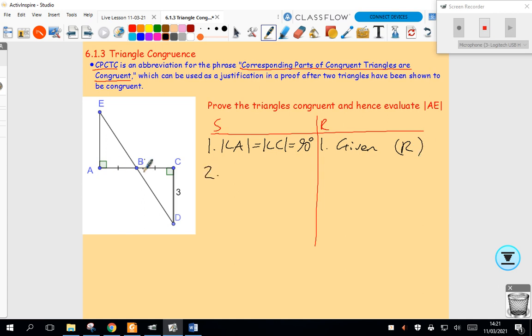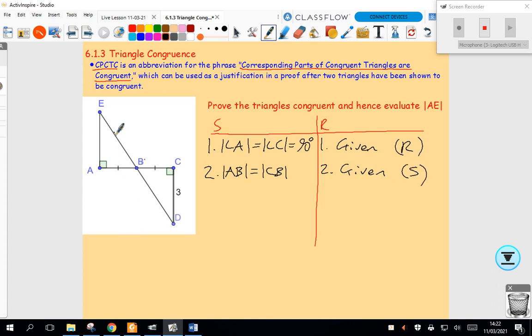The distance from A to B is equal to the distance from C to B, which is, well, actually I don't know what it is, that's just given. So we have a side there.